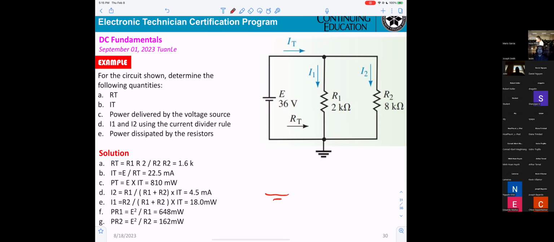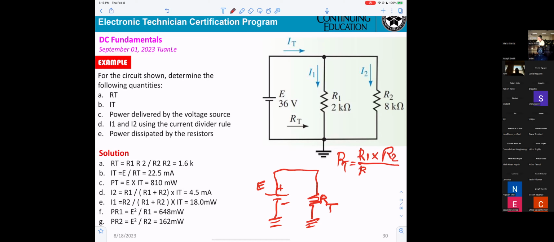Now, you still have the E here, plus, minus, and the total. And for R total, you have R1 and R2 in parallel. You use the formula R1 times R2 divided by R1 plus R2.